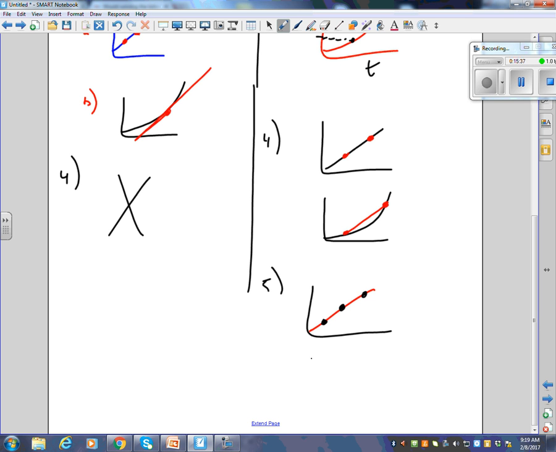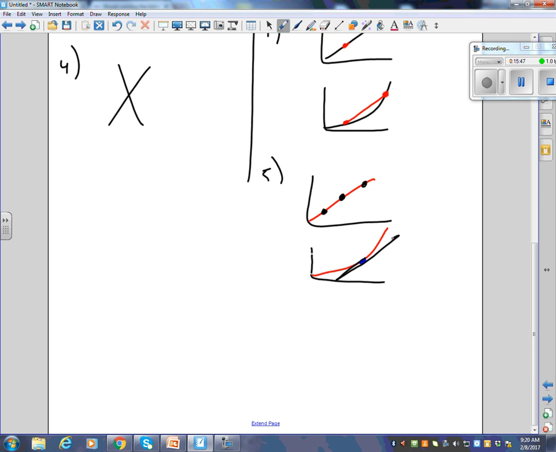And if it's curvy, how do you find instantaneous at a single point? Connor? Tangent line. Pick 2 points, find the slope. Is that a lot to remember? Of course it is. But it's all right here.